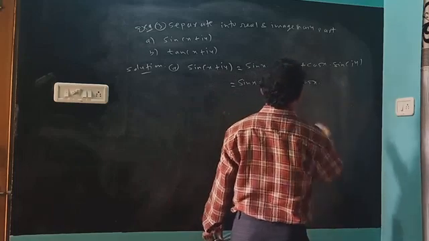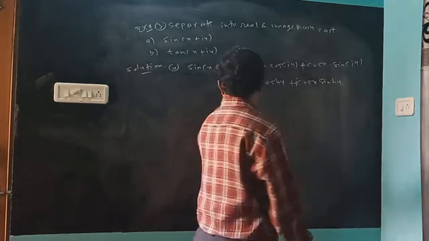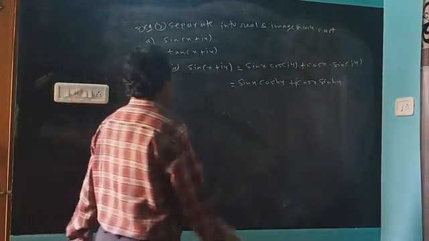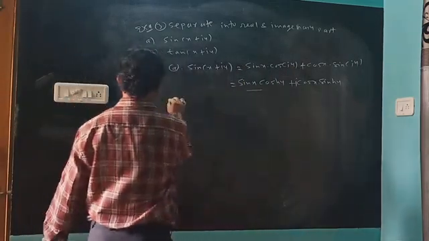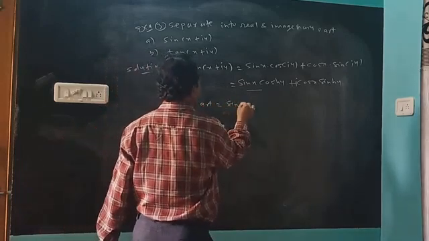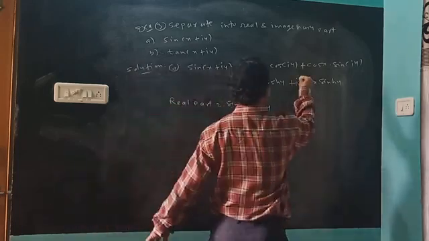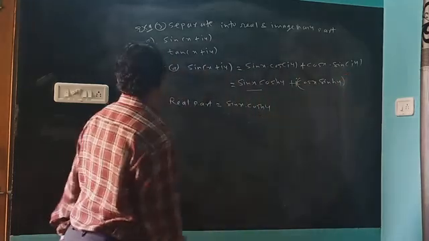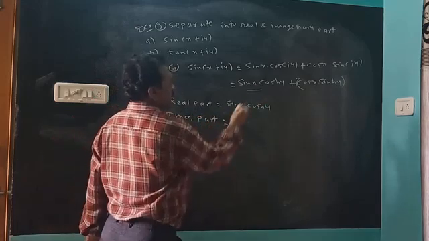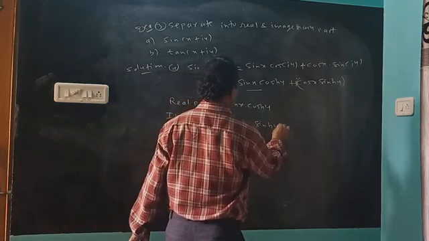And sin of iy is I times sin hy, I outside, and cos of iy equals cos hy. So real part, this will be the real part, sin x cos hy, real part. Imaginary part is the multiple of I, imaginary part will be cos x sin hy.